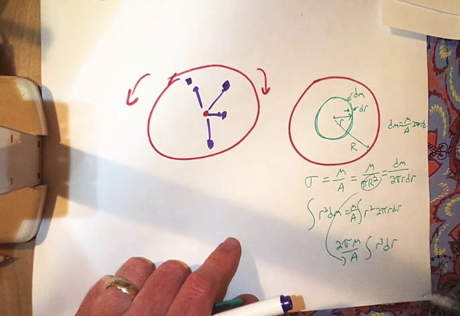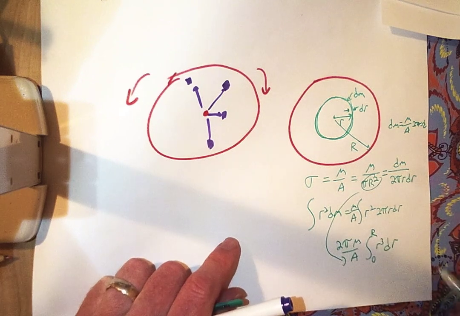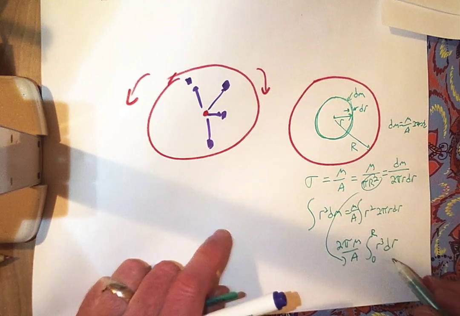We would integrate from 0 to r like that. That's not such a hard integral to do, so you can try it out and see what you get.